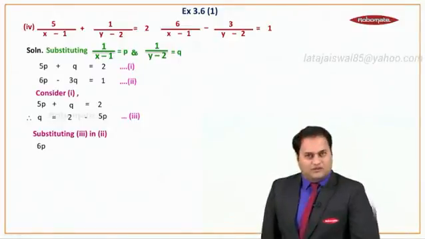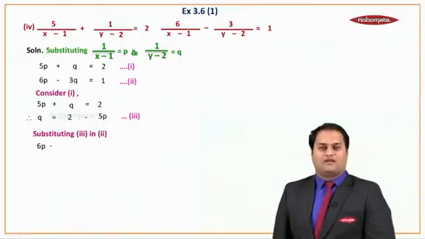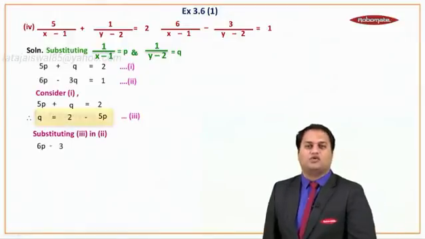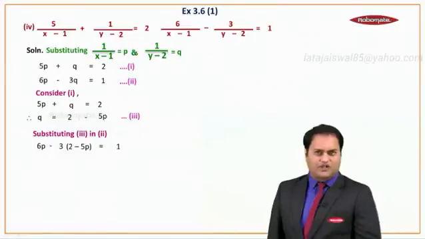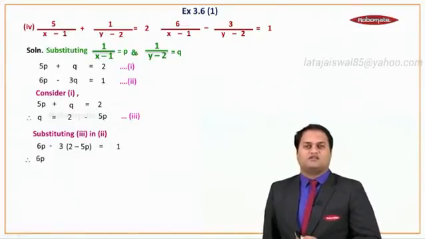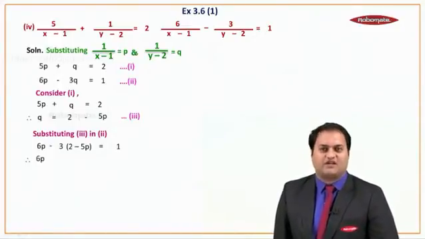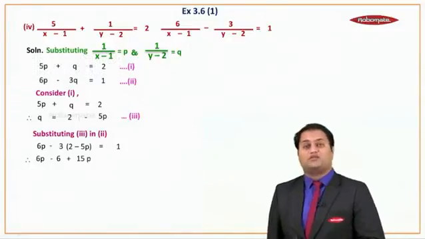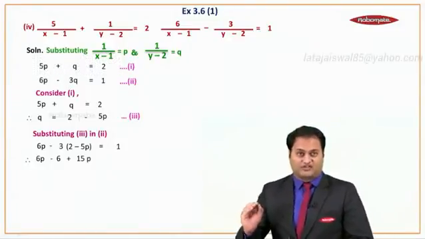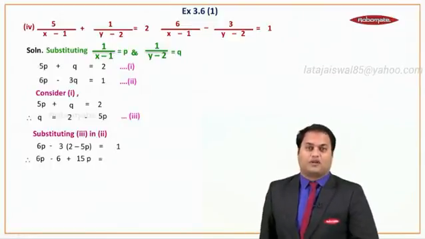What do we get? 6p minus 3 into 2 minus 5p is equal to 1. Let's open the brackets now. 6p minus 3 into 2 is minus 6, and minus 3 into minus 5p is plus 15p. Take care of this sign, is equal to 1.